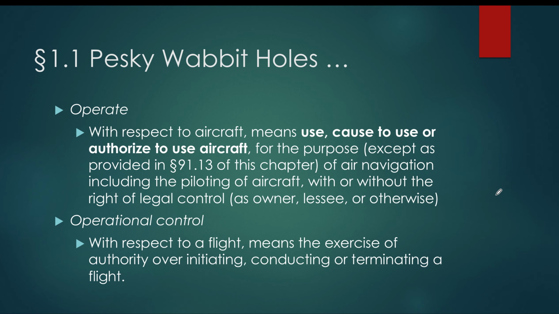Anybody involved in that aircraft flying was operating the aircraft. And when they talk about operational control, that's whoever started, initiated, conducted, or terminated the flight. So we'd like to think that the captain of the aircraft, or you maybe as a sole occupant, are in full operational control of the aircraft because it doesn't fly without you, and you say when it lands.